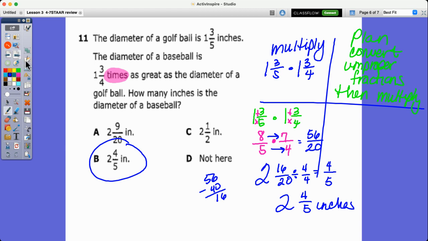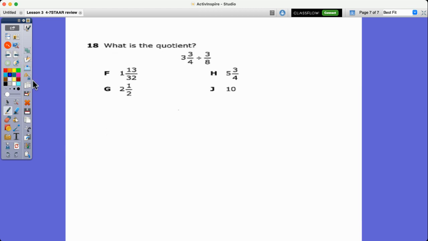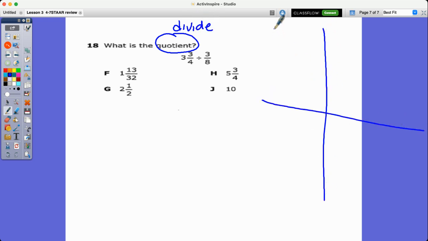Okay, let's take a look at the next question. It says, what is the quotient? What does quotient mean? I need to divide. So I am going to divide 3 3/4 divided by 3/8.